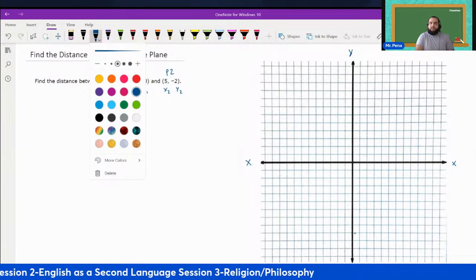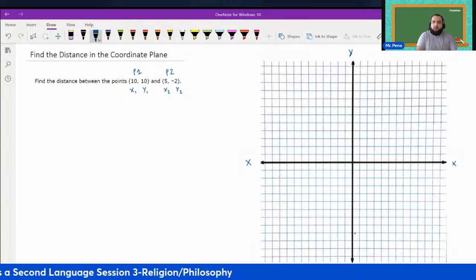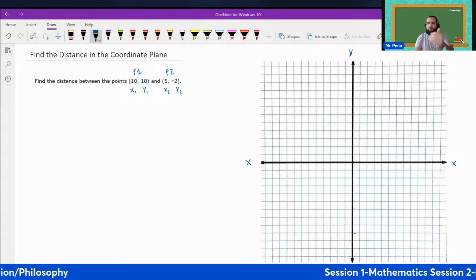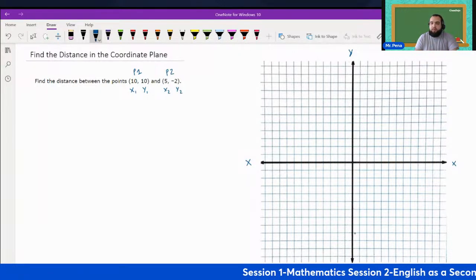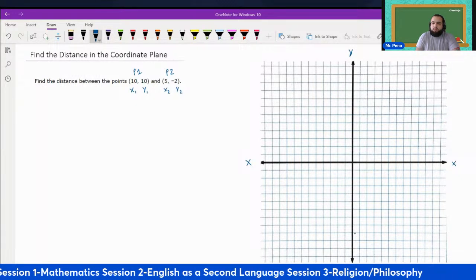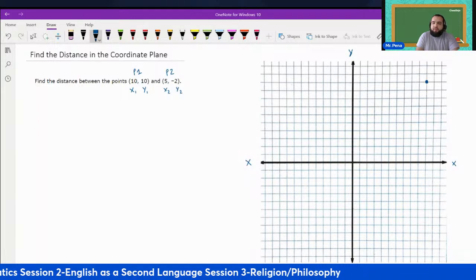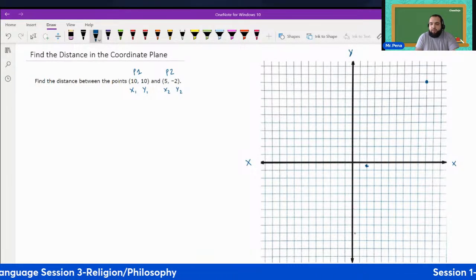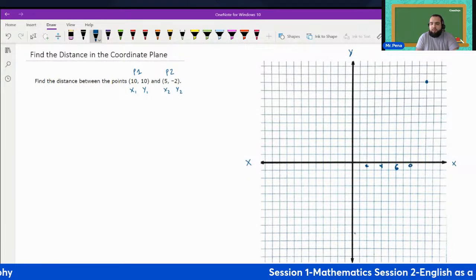Now, since we have that, we can plot point 1, which is 10 units to the right and 10 units up. Ten and 10. So we have 2, 4, 6, 8, 10.